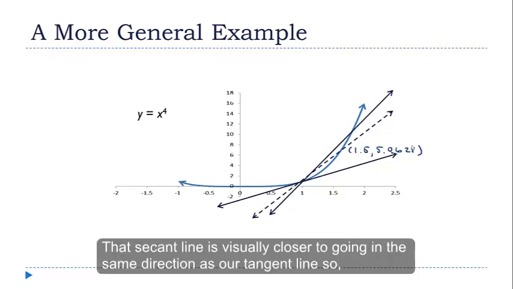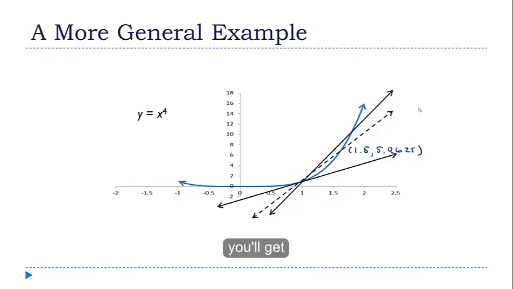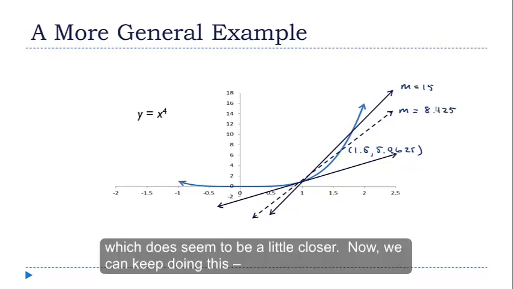That secant line is visually closer to going in the same direction as our tangent line. So it should give us a better approximation of the slope. And if you do the calculations with the slope formula again, you'll get m equals 8.125. So, which does seem to be a little closer.